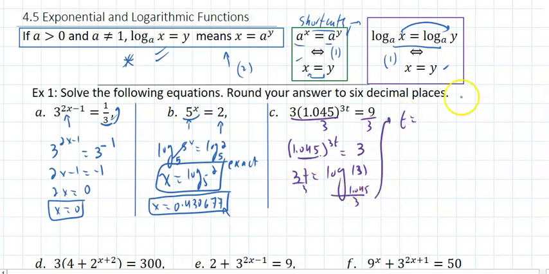And t would be log base 1.045 of 3 divided by 3. That's the exact answer. If they ever ask for an exact, that's how you write it.